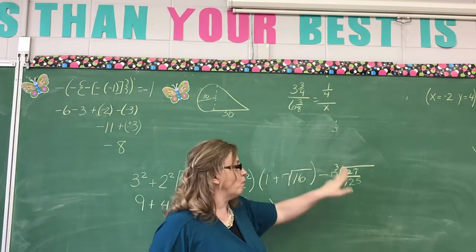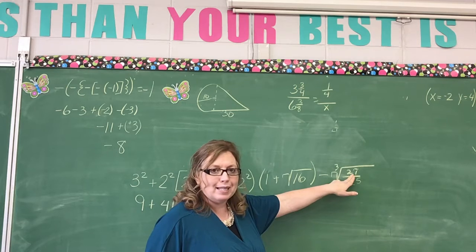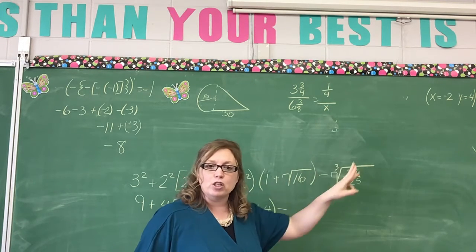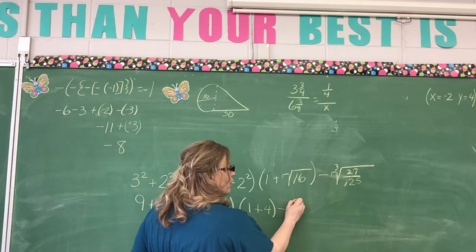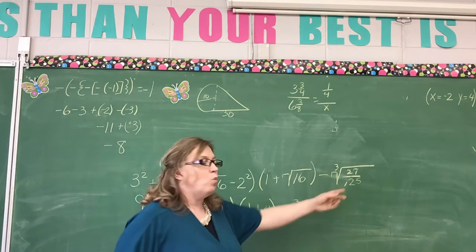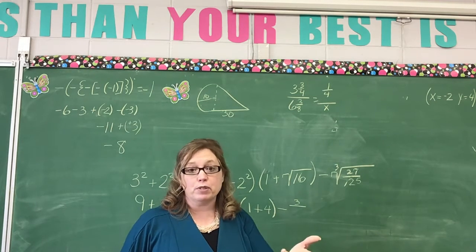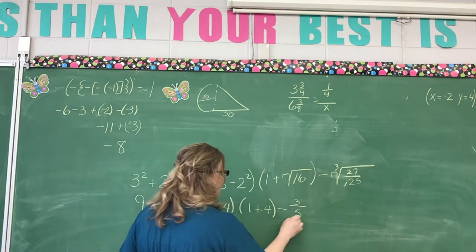Do it one at a time. What's the cube root of 27? Well, 3 times 3 is 9. 9 times 3 is 27. So the numerator is going to be 3. What's the cube root of 125? Hopefully you said 5.